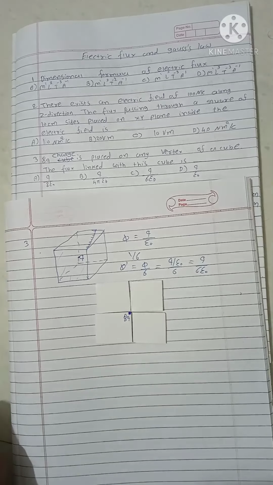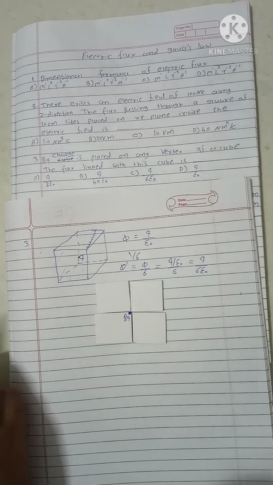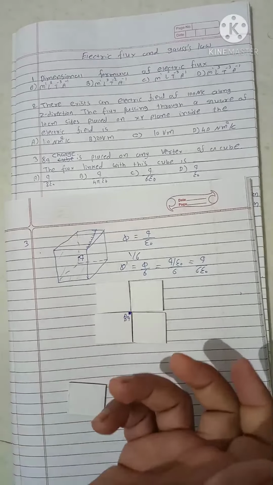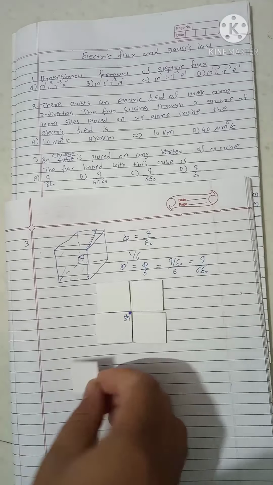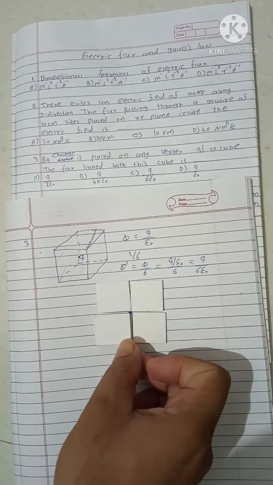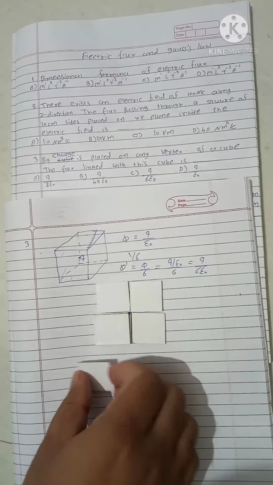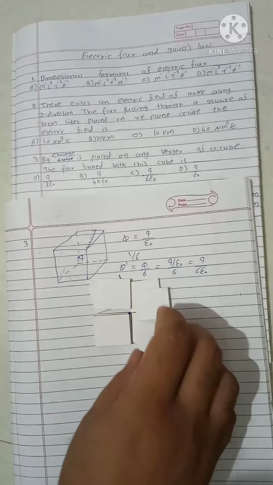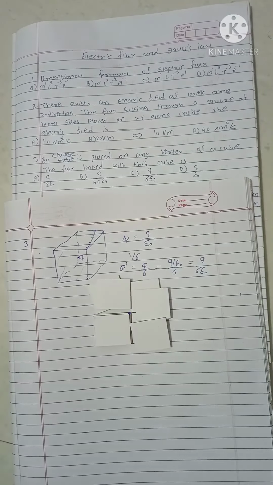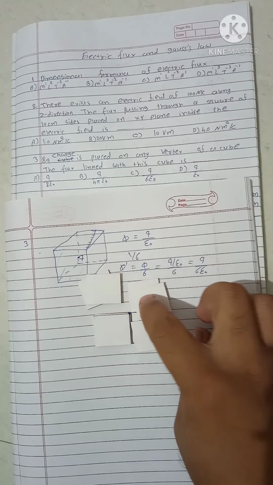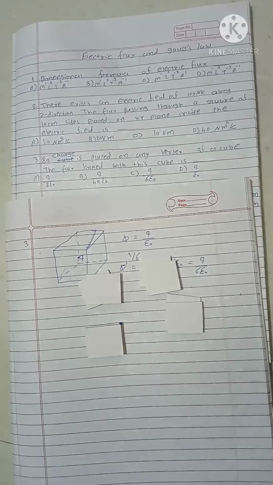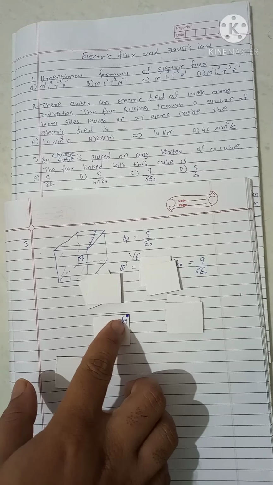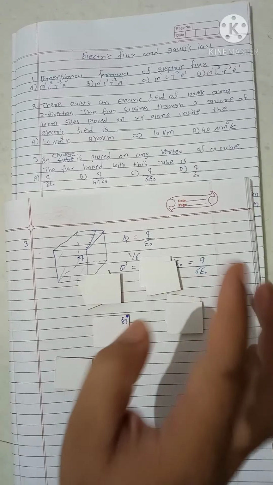So now we have to put another 4 cubes, 1, 2, 3 and 4, to make this 8q charge at the center. Total 8 cubes are required.